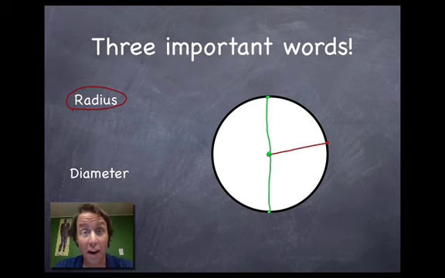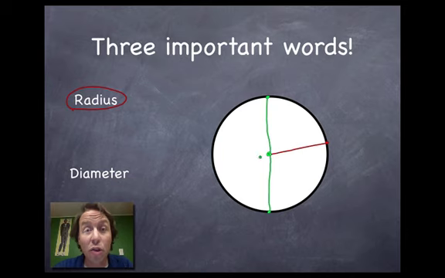Okay, so just like the radius has to come from the center, well, the diameter has to go all the way through the center. Pay attention to something very important here. Look, the diameter is like 2 radiuses, or radii. I don't know how you say that, but look, this is actually right here, the radius. And then if you keep going, like let's say you start on this side out here, go through the middle and all the way to the other side, that's the diameter.